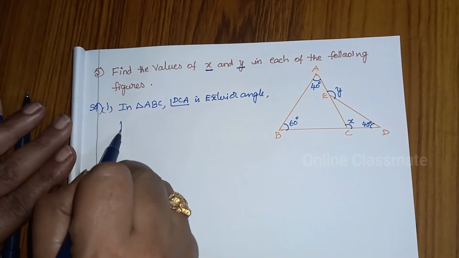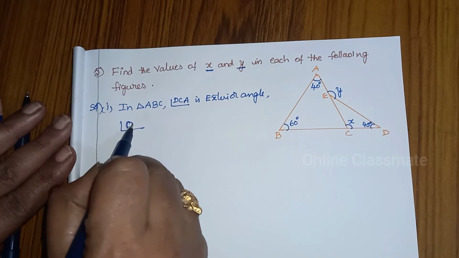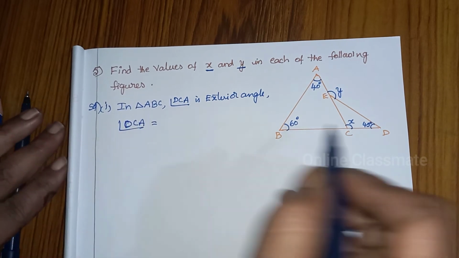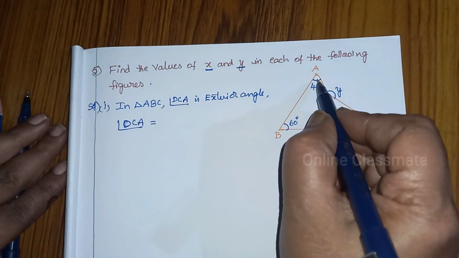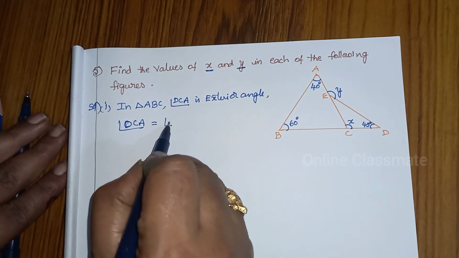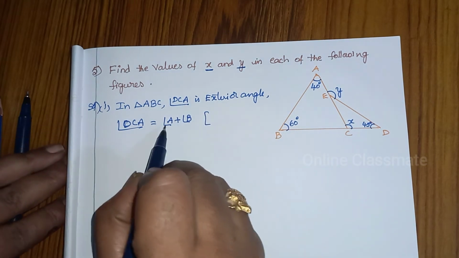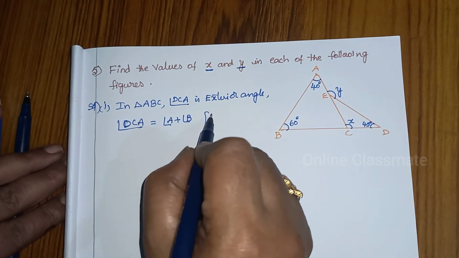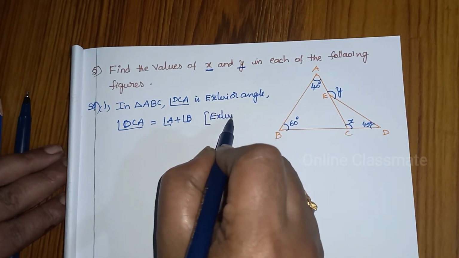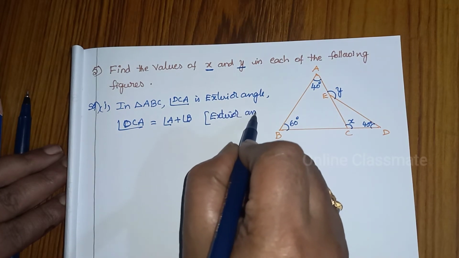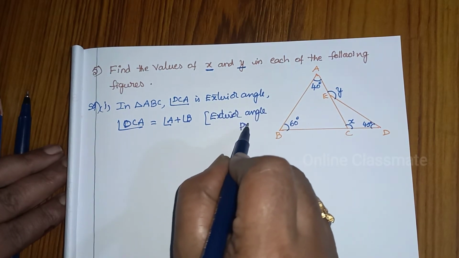DCA is equal to angle A plus angle B, sum of opposite interior angles. Exterior angle is equal to sum of opposite interior angles, that is called exterior angle property.